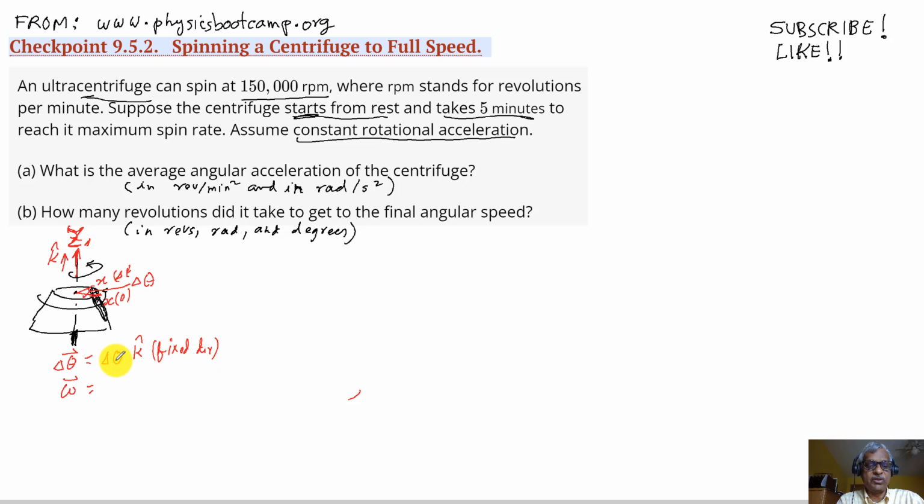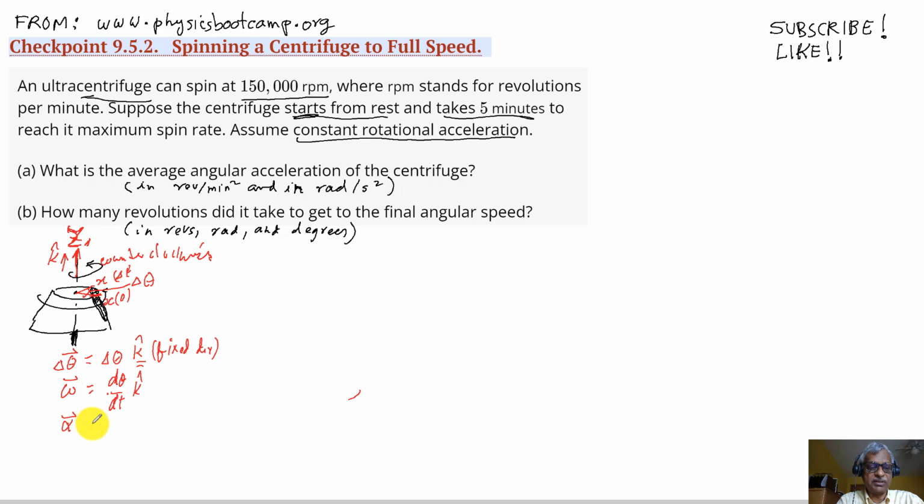Another way to tell the direction was that this is going counterclockwise. But I find using the vector is much simpler than counterclockwise and clockwise. That's too much writing. The angular velocity is just delta theta over delta t, so d theta over dt is still along k hat.